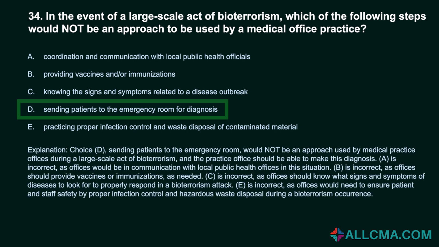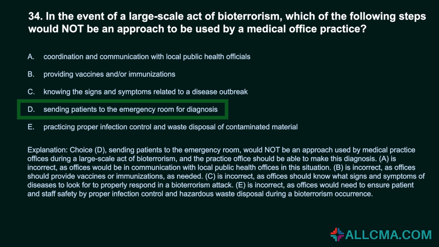Sending patients to the emergency room would not be an approach used by medical practice offices during a large-scale act of bioterrorism, and the practice office should be able to make this diagnosis. A is incorrect, as offices would be in communication with local public health offices in this situation. B is incorrect, as offices should provide vaccines or immunizations, as needed.